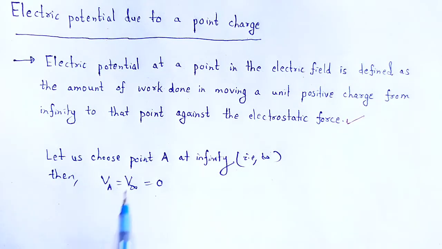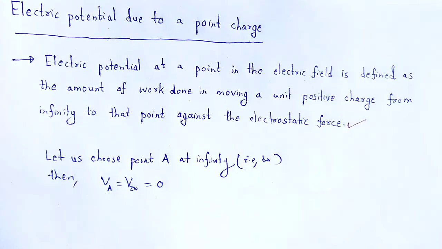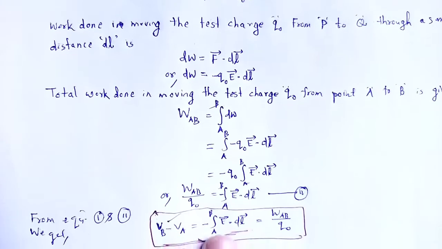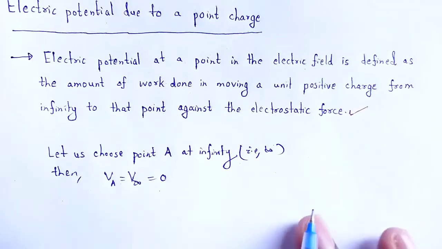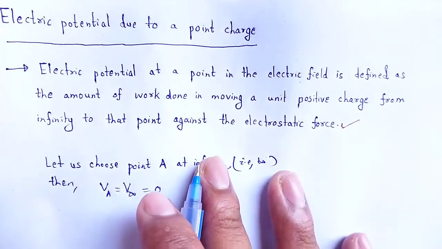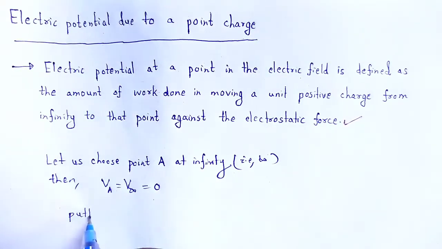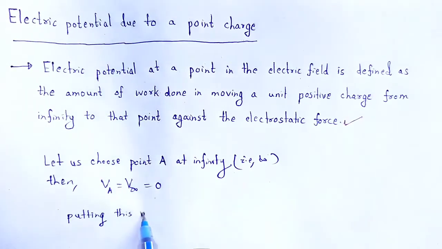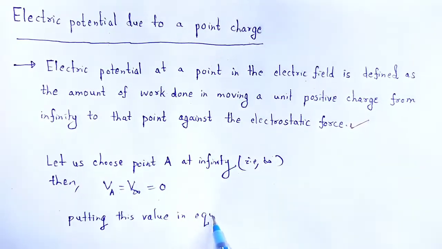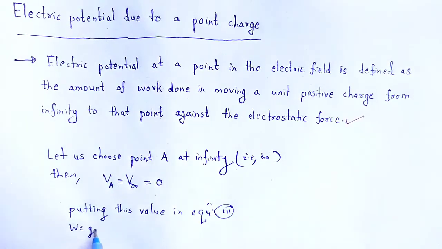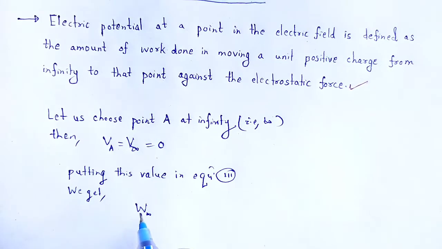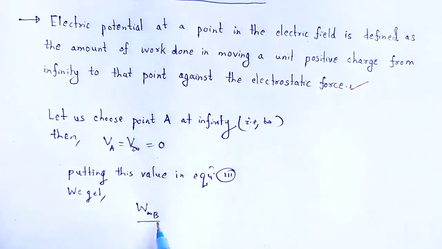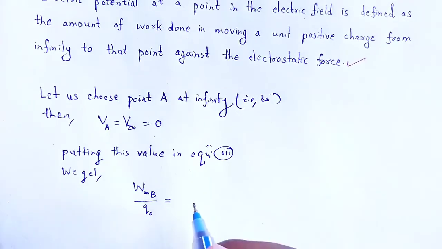Now putting this in the equation, that equation number 3, we have the potential at that point B. Putting this value in equation 3, we get work done to take the test charge from infinity to the point B, that is W infinity B divided by Q naught is equal to Vb minus Va.